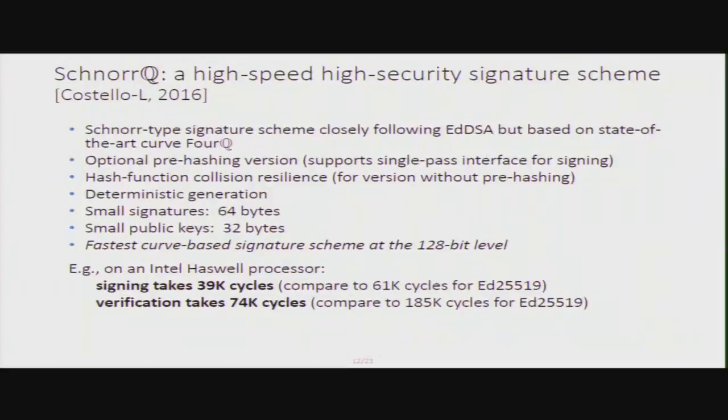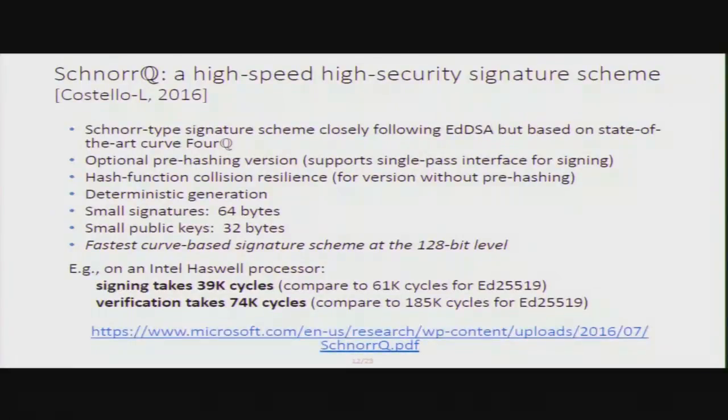Verification is even much faster: 64,000 cycles compared to 185,000 cycles for Ed25519. So very high speed, which can be suitable for high-performance applications. And here's the link with the specifications for those of you that are curious about the complete details of SchnorrQ.